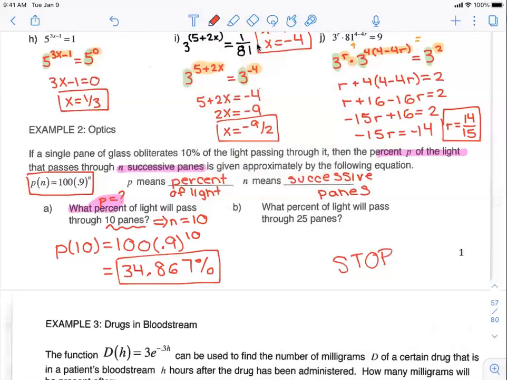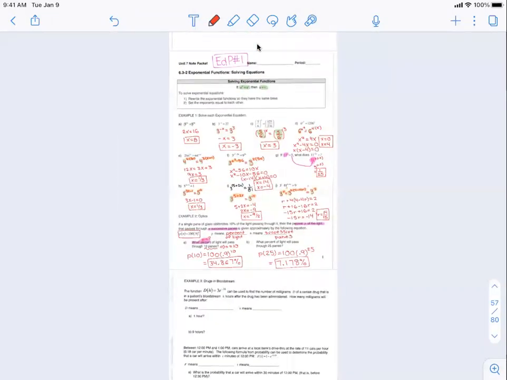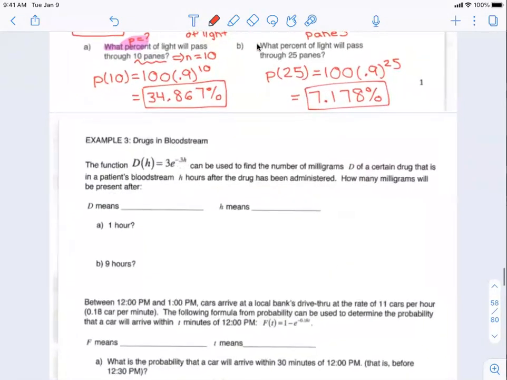Go ahead and try this problem. So this one is literally the same idea as part A, except now you're plugging in 25. So we're going to go ahead and do 100 times 0.9 to the 25th. Plug it in your calculator. And you should get 7.178%. Done.